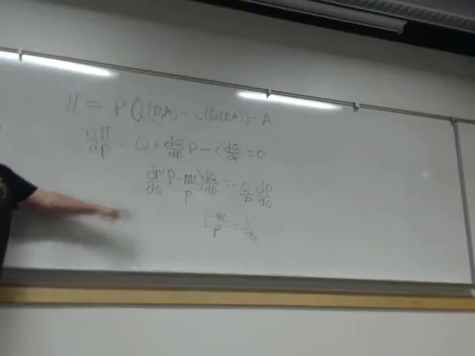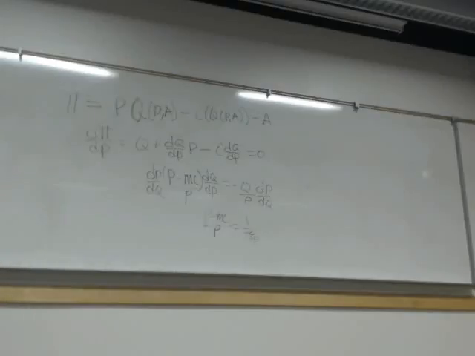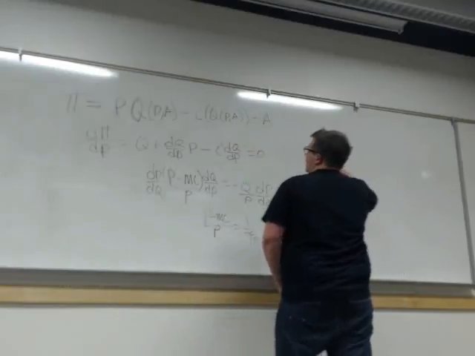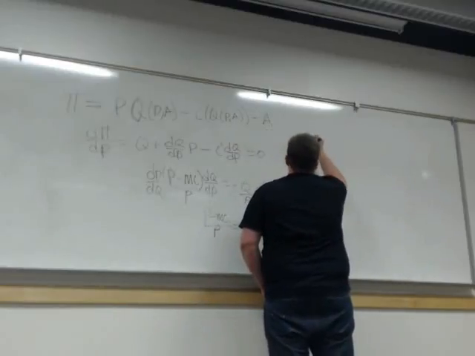Okay. Let's do the second part to find our epsilon a. So we're going to take the derivative of profits with respect to advertising.